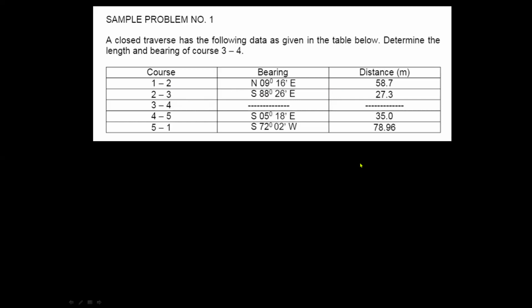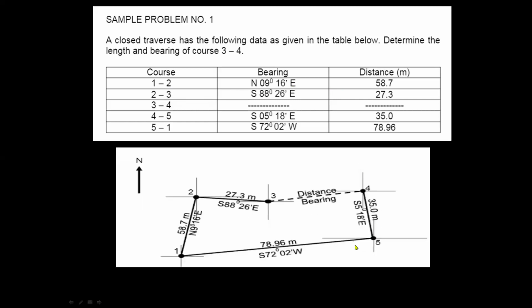And before that, ito yung ating figure. As we can see in this piece of land, nawawala ang bearing ng line 3-4 and also its distance. The rest are all given, yung kanya-kanya nilang bearing. At kung ipa-plot natin yung mga bearings natin and distances, ito yung ating magiging figure.